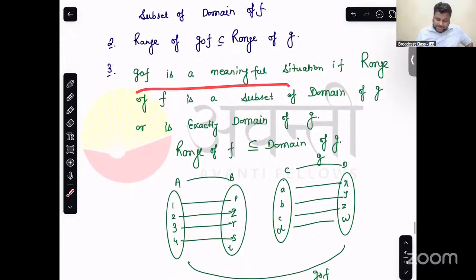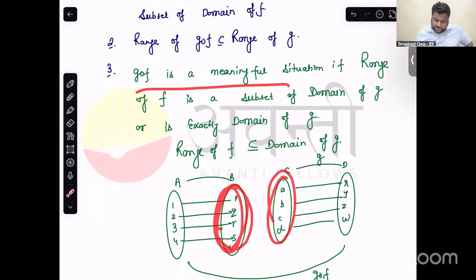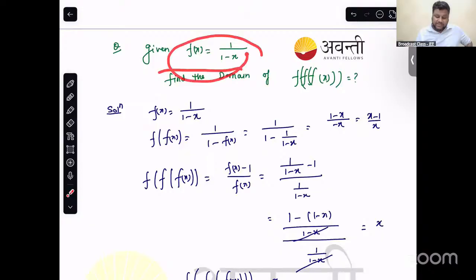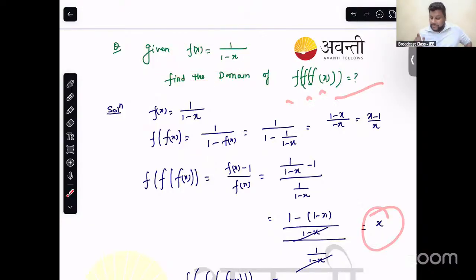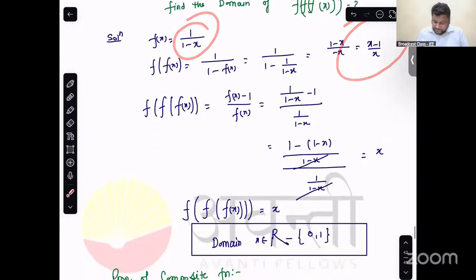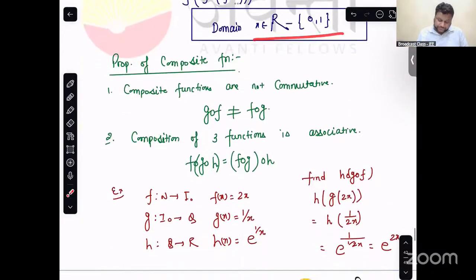And gof is meaningful only if the range of f is a subset of the domain of g. Then we have done a question where f(x) is this. Then what is f of f(x)? That is x. But the domain, if I talk about f of f(x), we will consider all the steps where we have achieved f(x). So here x cannot be 1, here x cannot be 0. So the domain will be R minus {0, 1}.